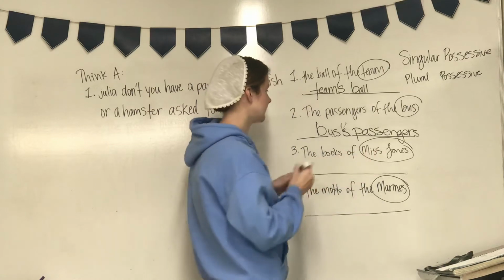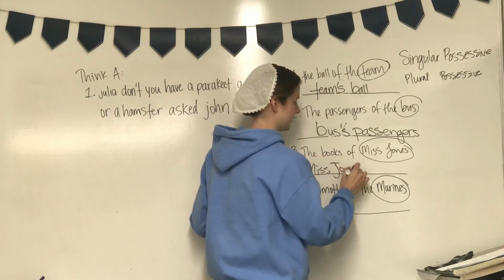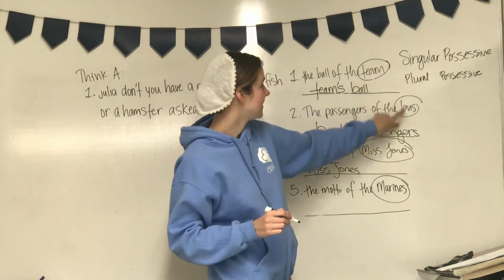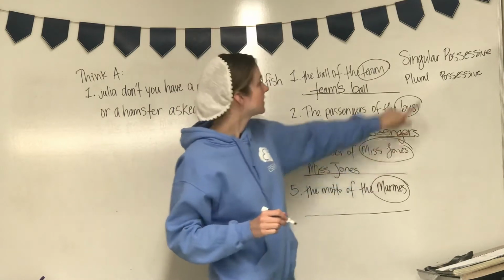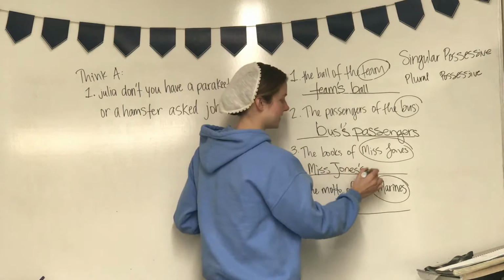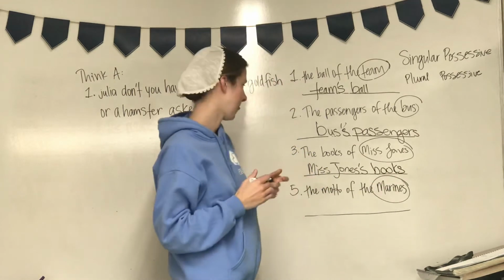So Miss Jones's books, what would we add onto the back of Miss Jones? It's one person, just like these were all one thing, so it needs to be singular possessive. Singular means one. We're going to add apostrophe S, books. One person has many books.